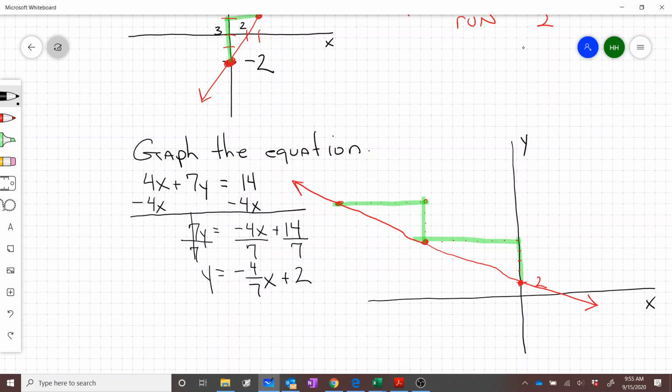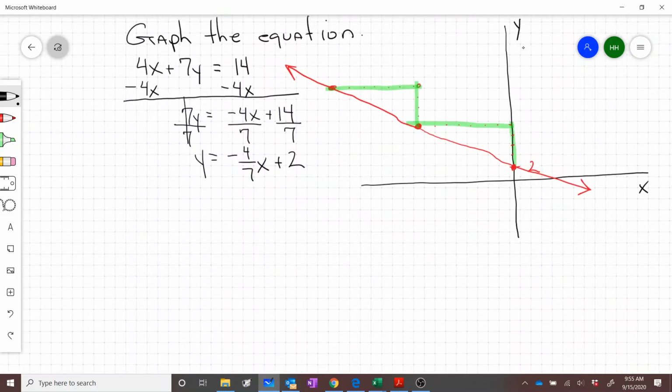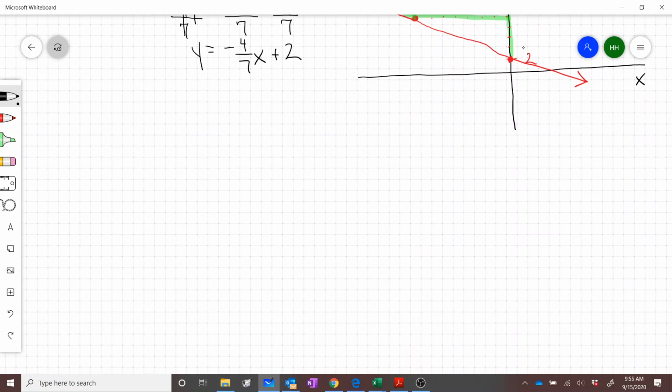Good with that, I hope? All right, I made some copies for you again this week, for your practice. So your practice for today is going to be page 78, which is a handout, and you're going to do problems 11 through 33.